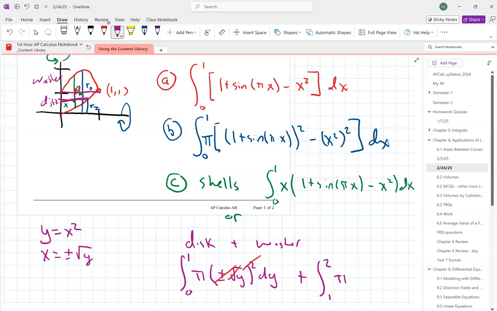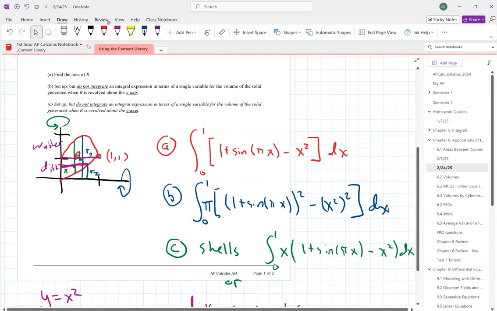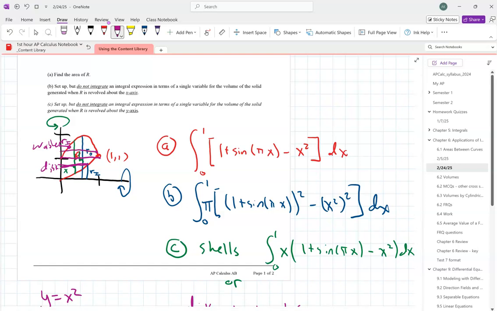And then from 1 to 2, we're going to be doing this washer. My R inner is like this, and my R outer is like that one, right?